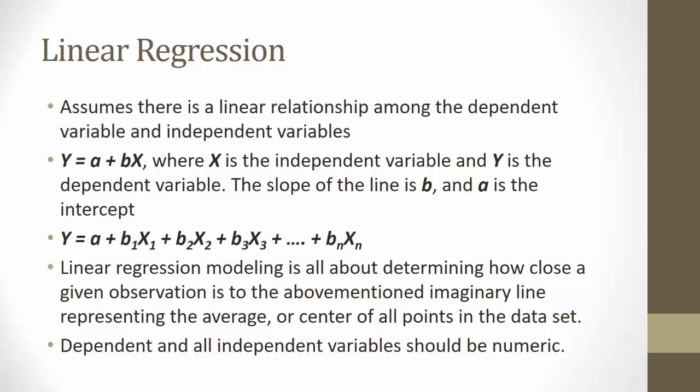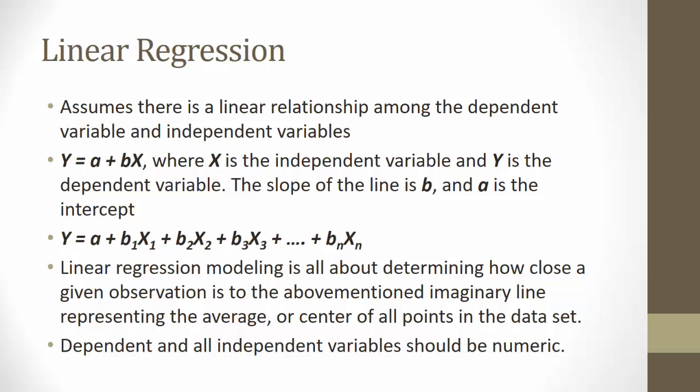In a more complex form, your dependent variable y is equal to a, which is the intercept, plus the slope of x1 multiplied by x1, plus the slope of x2 multiplied by x2, and so on until your last variable. The line in linear regression typically represents the average or the center of all the points in your dataset.